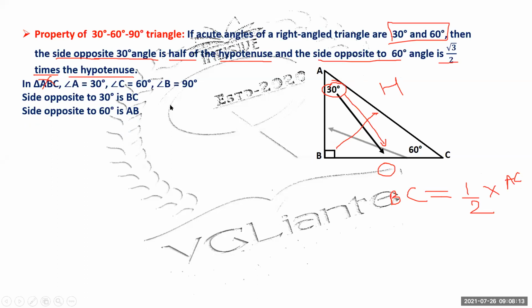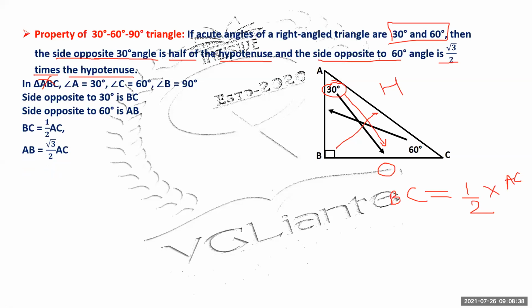In order to avoid confusion, I'm using these arrow signs. Understand? So it is AB. So BC equals half AC and AB equals what? It's root 3 upon 2 times. Check. Times means multiplication. So root 3 upon 2 AC.